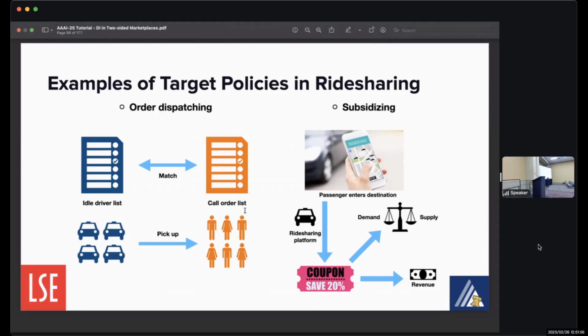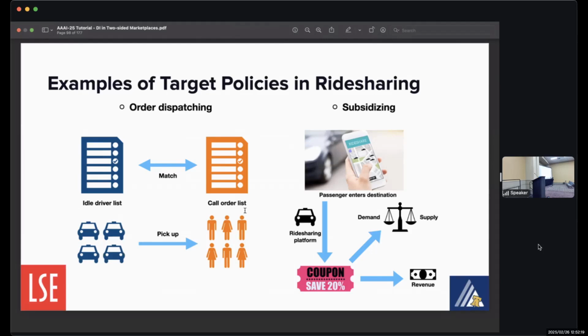In the second part, Tony has mentioned several different methods to derive those optimal order dispatching policies. The second type of policy corresponds to subsidizing policies. In the company, we have both driver side and passenger side subsidizing policies.